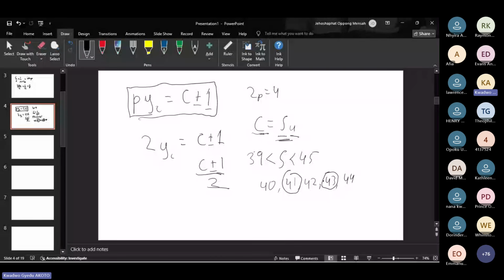And the question says, choose the lowest possible number of slots and use it to determine A, the maximum number of coils per slot, and B, the minimum number of coils per slot. Okay, so choosing the lowest possible number of slots, that means that we are taking our S to be equal to 41, right?